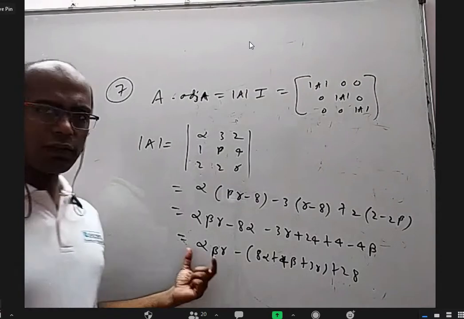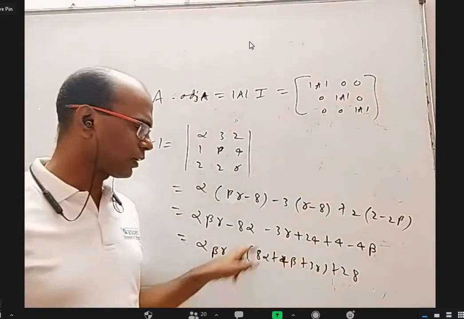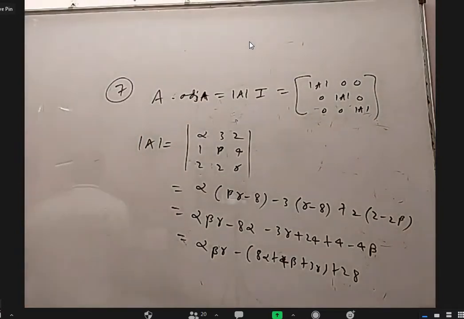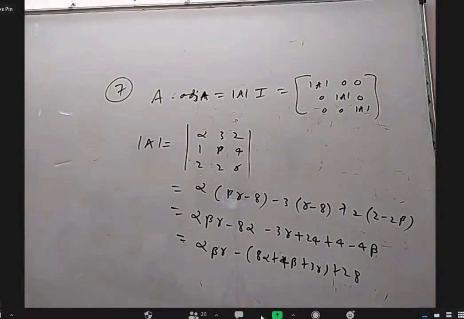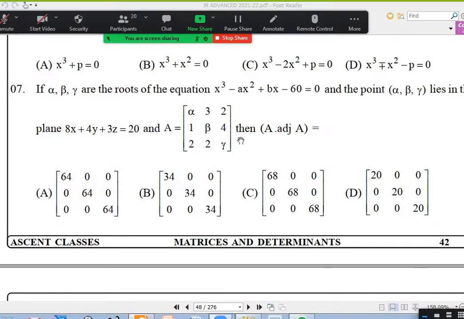I think we can find this by the product of the roots of the cubic equation, and this value, I think it is given. Let us see what is the question. They gave that alpha, beta, gamma lie on a plane whose equation is 8x plus 4y plus 3z equals 20.